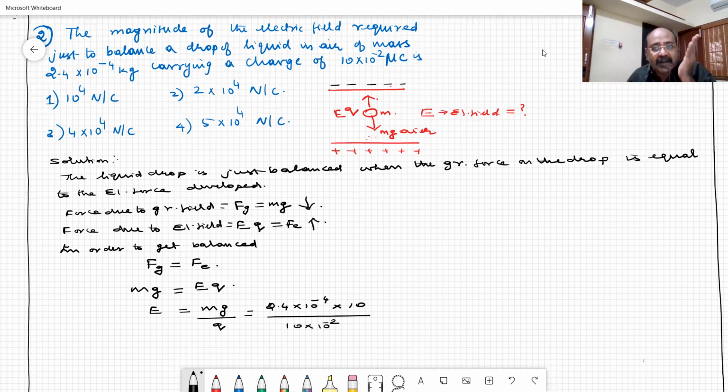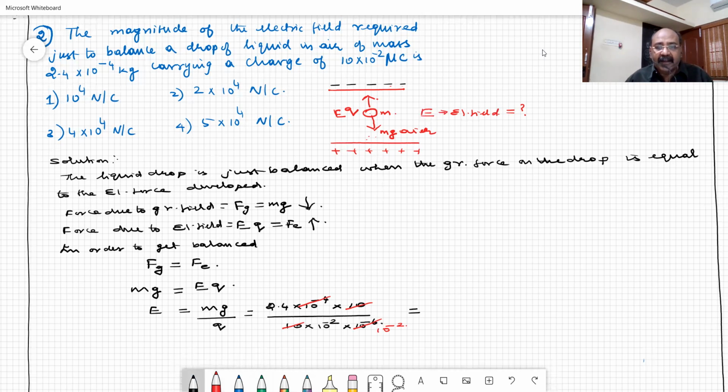In order to convert the microcoulomb to coulomb, let us put it as 10 power minus 6. On simplifying, this 10 and this 10 get cancelled. This 10 power minus 4 and this 10 power minus 6 get cancelled. Then you get 10 power minus 2.